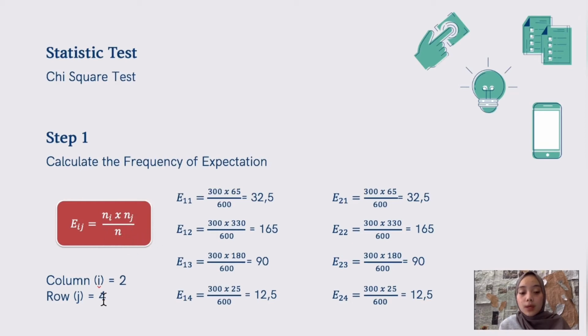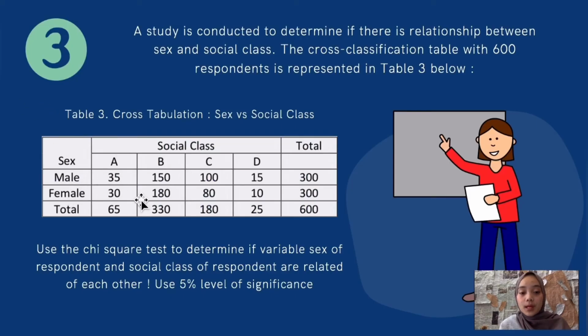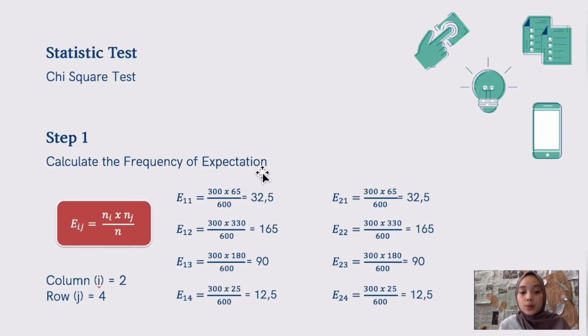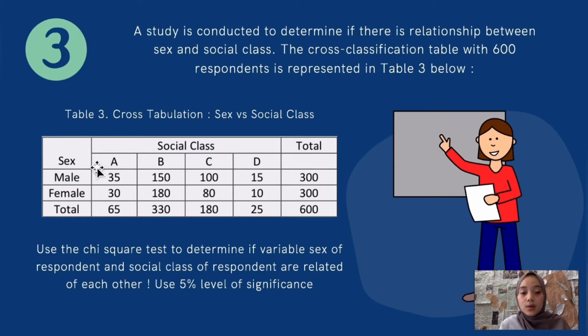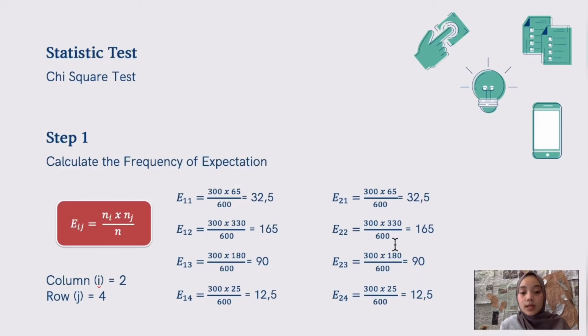From the problem, we know that the columns are 2 and the rows are 4, which are A, B, C, D. We can get the expected frequencies E11, E12, E13, E14, and also E21, E22, E23, E24.